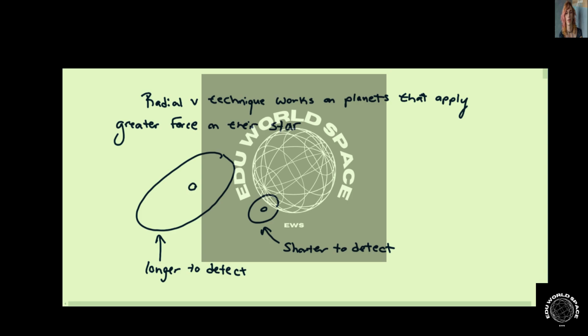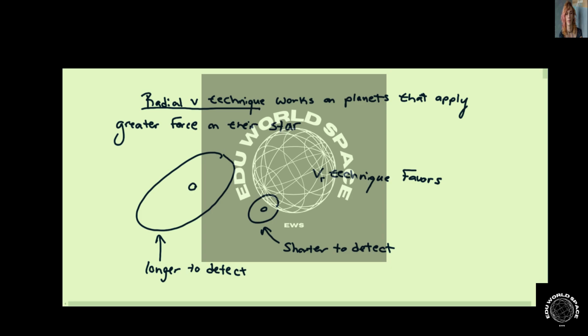prefers. So this is why the radial velocity technique, VR technique, favors, if I can spell technique, guys. You can spell it with a U if you want, if you're British.